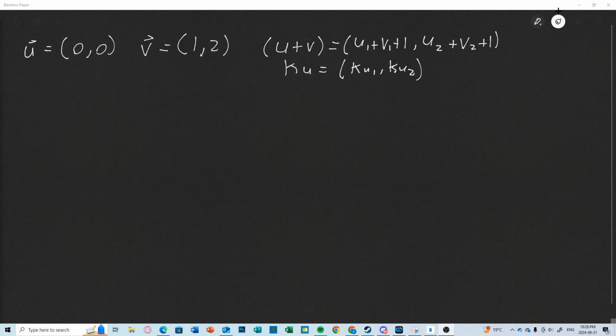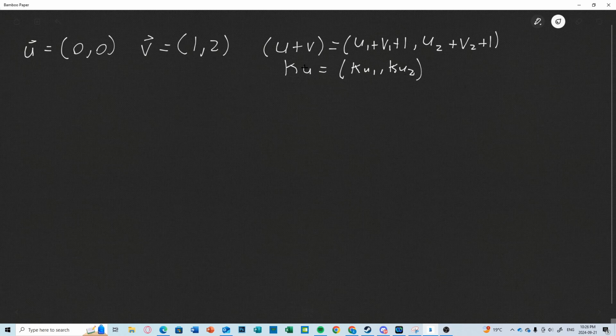Alright, and our final question for today is we have the vector U, which is 0, 0, and the vector V, which is 1 and 2. And our vector space for this question states that U plus V is equal to U1 plus V1 plus 1, and U2 plus V2 plus 1 for our Y. And K multiplied by U is equal to KU1 and KU2.